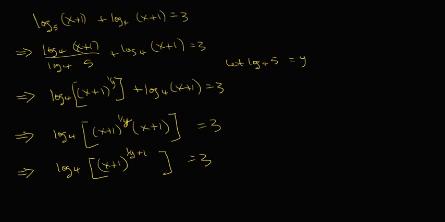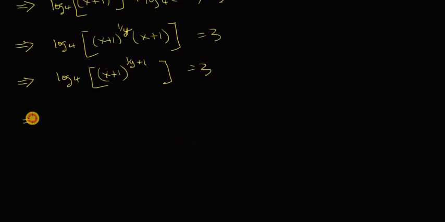Let's get rid of the 4. 4 to the power of 3 is equal to all of this. So x plus 1 to the power of, and I'm going to add these fractions together while I'm at it, 1 plus y over y is equal to 4 to the power of 3, which is equal to 64.